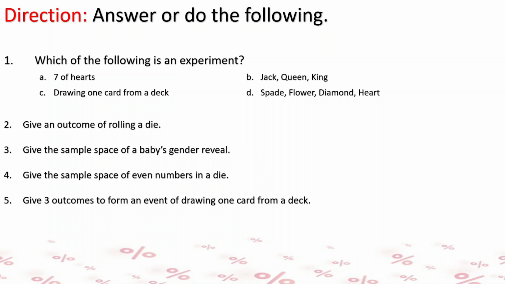Because as we are talking about probability, when it's your choice to pick what you will give as outcomes for rolling a die, and giving an event of three outcomes out of picking a card from a deck, the probability of you having the same answers to those is very low. So I'm not expecting you to have the same answers for those numbers, or else it will be suspicious.